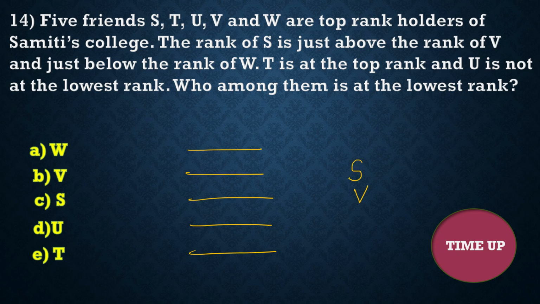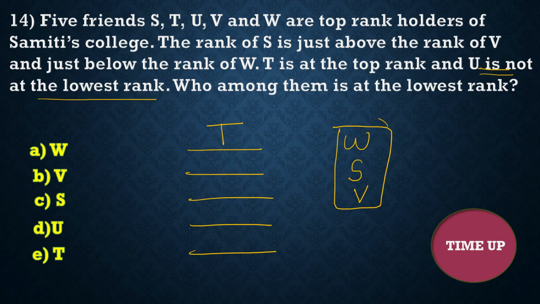So they have said S is just above V, and just below the rank of W. So this should be the arrangement of what they have said. Okay. T is at the top rank, they are saying. U is not the lowest rank, they are saying.